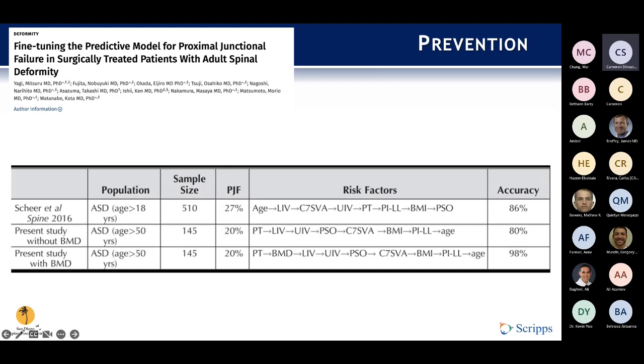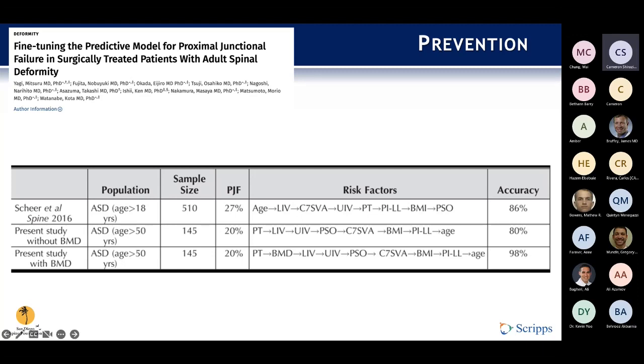And then I think this one is a little bit out of whack, but this is fine-tuning the predictive model for proximal junctional failure in surgically treated patients with adult spinal deformity. And so they looked at past studies trying to see what are the risk factors, what's the most important, and what should be taken into account. And in this present study, when you look at these, the PT, BMD, LIV, UIV, PSO, C7 SVA, BMI, they go down this spectrum of factors that play a role in predicting and noting if someone's going to lead to PJF.